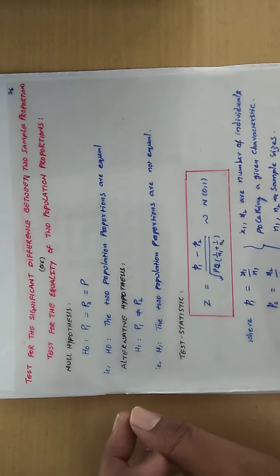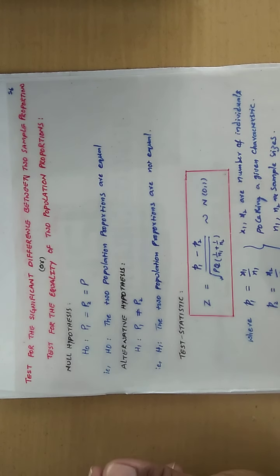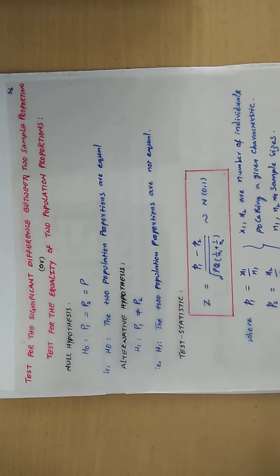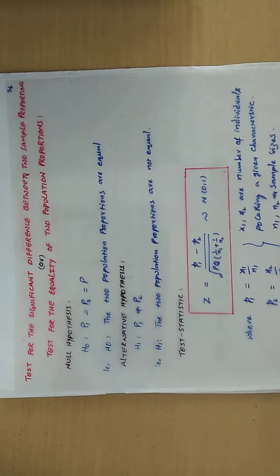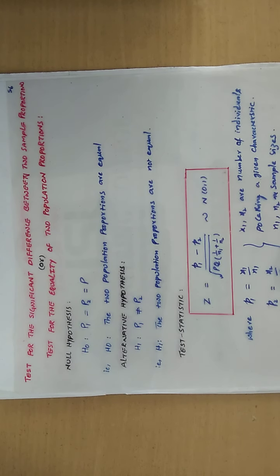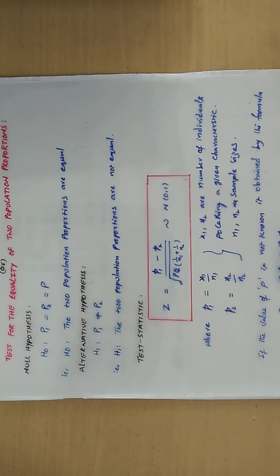Test for significant difference between two sample proportions, or test for equality of two population proportions. So the comparison of capital P1 and capital P2, the null hypothesis verbal statement, and H1: P1 is not equal to P2, the two population proportions are not equal.